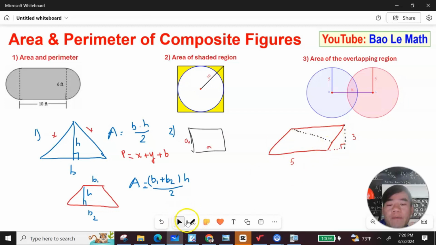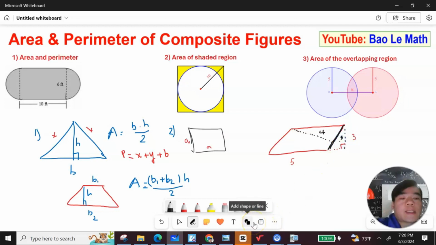They give you this height 4, and they ask you to calculate this side right here. Equal how much?